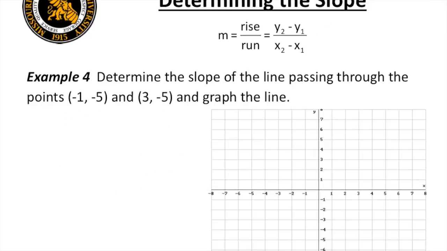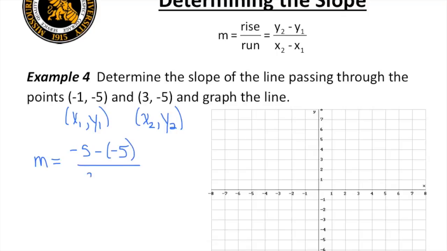In example 4, we're asked to determine the slope of a line passing through 2 given points and then graph the line. So we begin by identifying x sub 1 and y sub 1, x sub 2 and y sub 2. Placing the numerical values in the appropriate location in our formula, we have that the numerator is -5 minus a -5, and the denominator is 3 minus a -1.